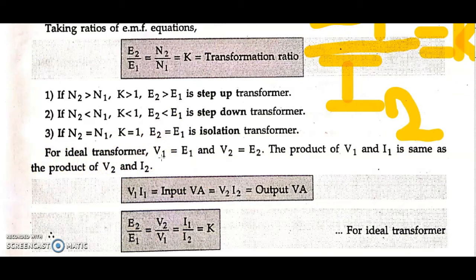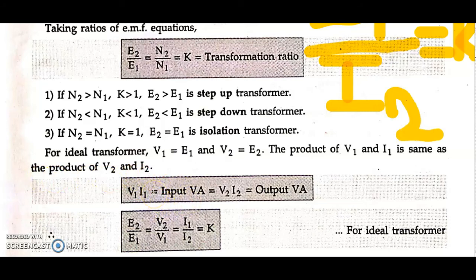We know that there are some losses while supplying the AC supply to the primary as well as while supplying EMF E2 to the load. But if we consider an ideal transformer, what we can say here is V1 is equal to E1 as well as V2 is equal to E2, and the product V1 I1 is equal to the product V2 I2. Remember, this is very important.